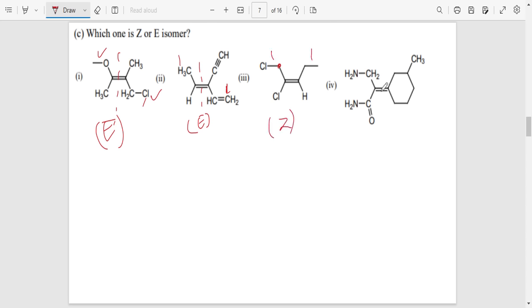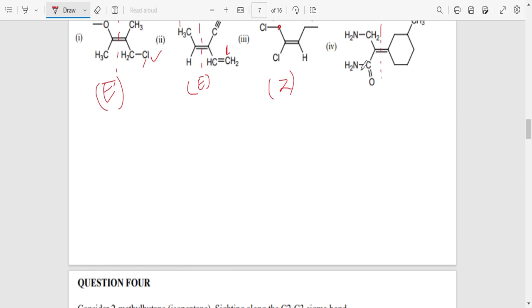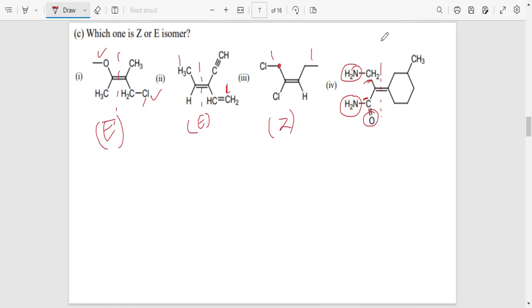And then for this one, where the double bond is, the double bond is here. If I cut like that, we have got nitrogen, hydrogen, and then we also have the, okay, let me do this. This group is basically the same as this one, a carbon, same with the carbon here, but oxygen has a higher molar mass than the two hydrogens, meaning that the group which is down has got a higher molar mass.